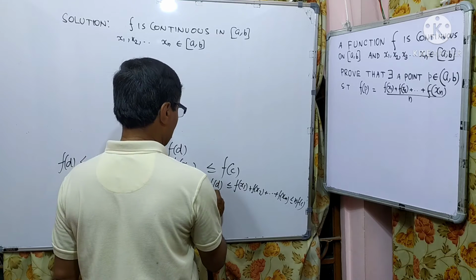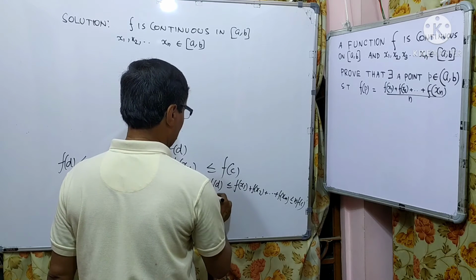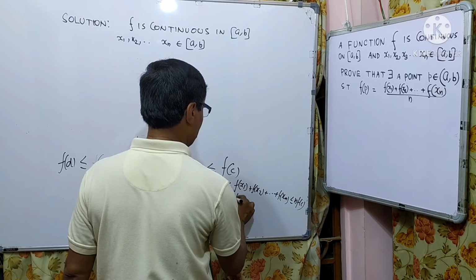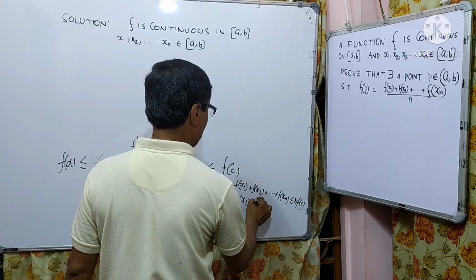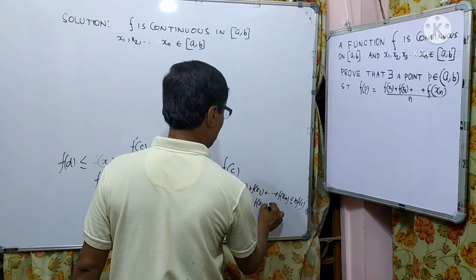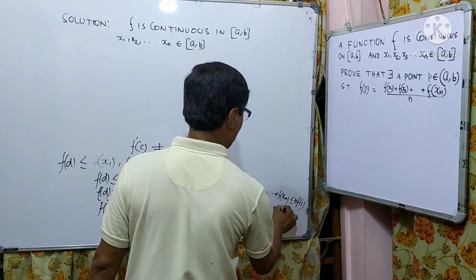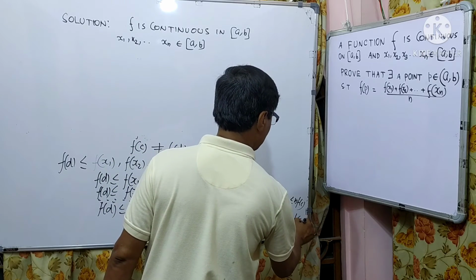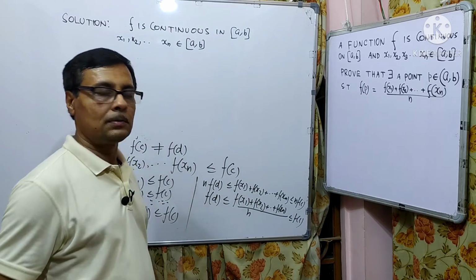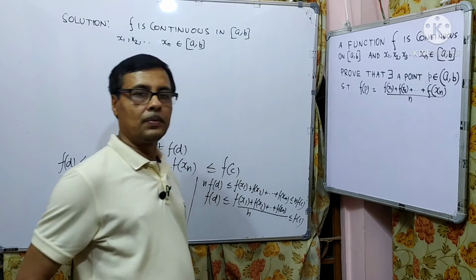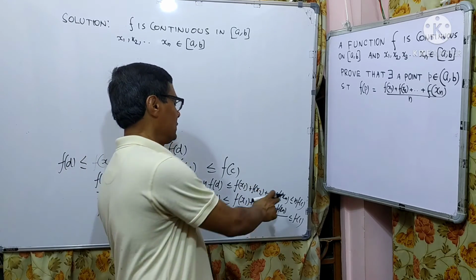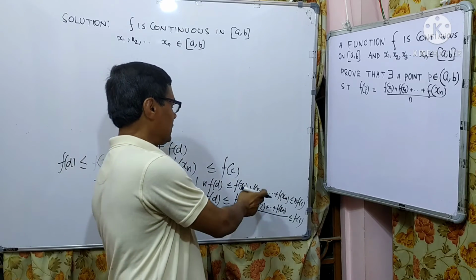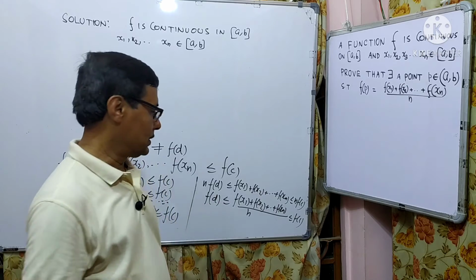So this is also written as f(d) ≤ (f(x1) + f(x2) + ... + f(xn))/n ≤ f(c). That is, f(d) is less than or equal to the arithmetic mean of f(x1), f(x2), ..., f(xn), which is less than or equal to f(c).